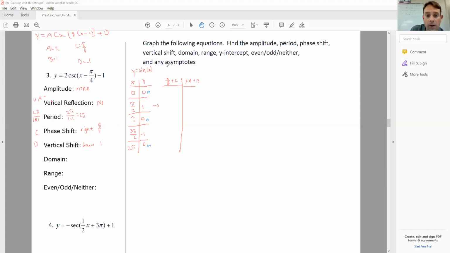So that means my b value was 1, and then I'm going to add pi over 4 to it. My a value was 2, so I'm going to multiply y by 2. And then I'm going to add a negative 1 to it, so I'm going to subtract 1 from it. All right, so here we go. 0 plus pi over 4.